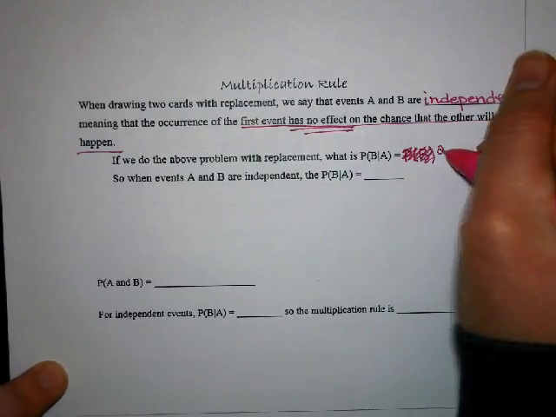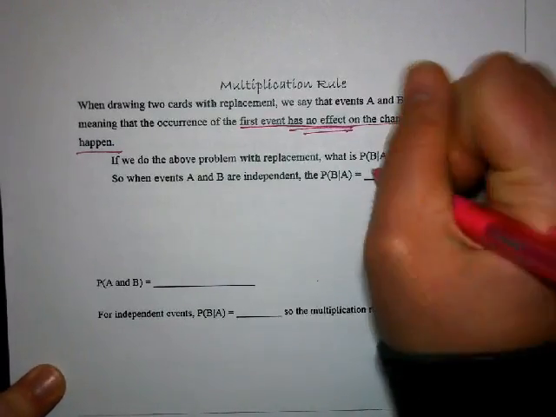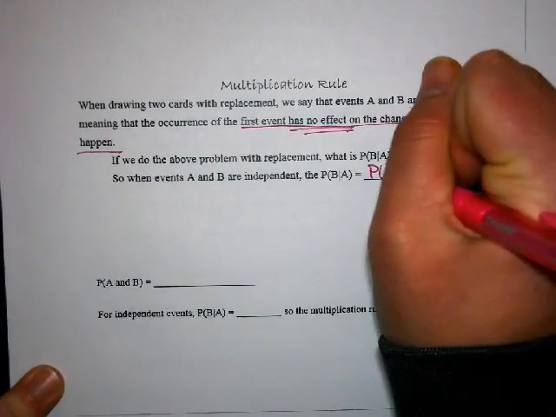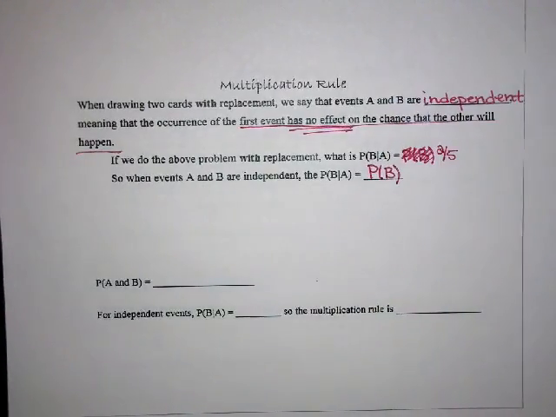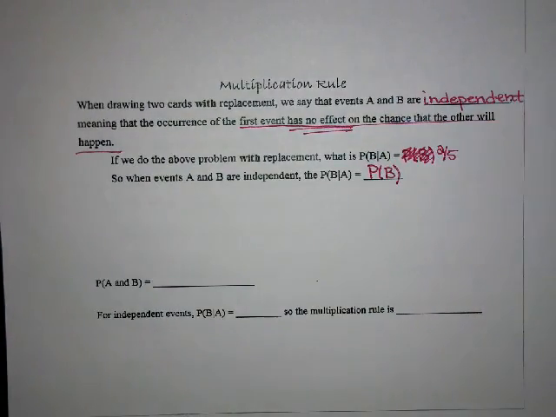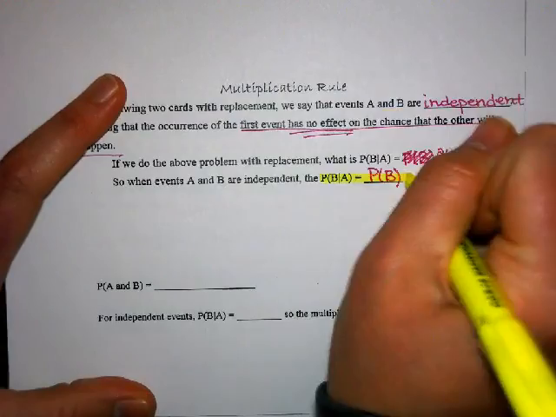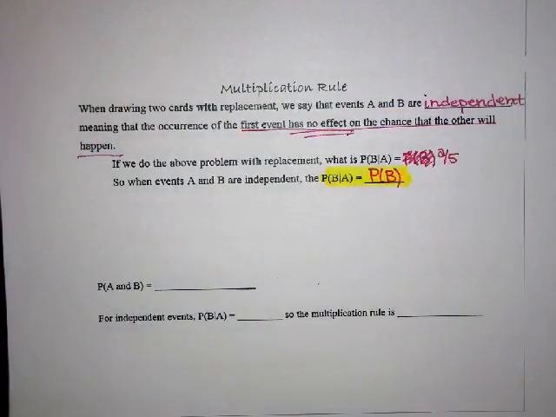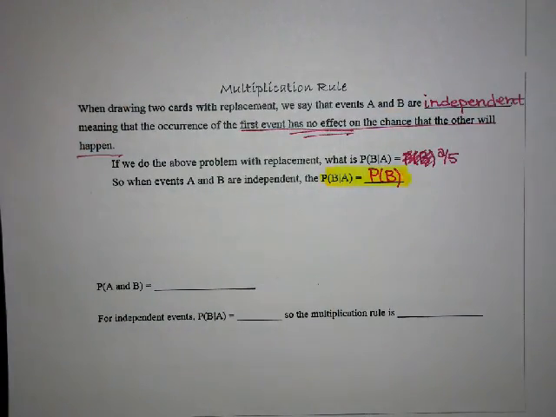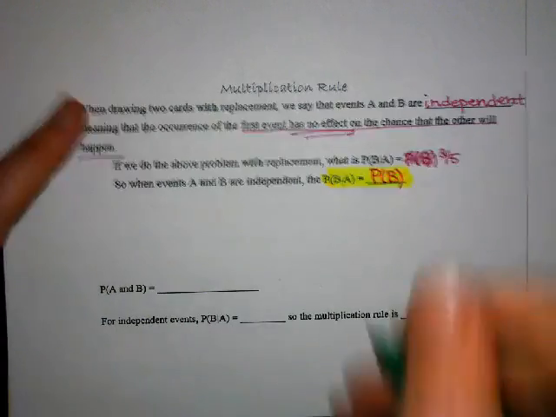I wanted to give the actual number, 2/5. Probability of B given A is the probability of B. I was trying to save it for the second one, sorry. This right here is going to be the key to independence. That is how we prove 2 events are independent.